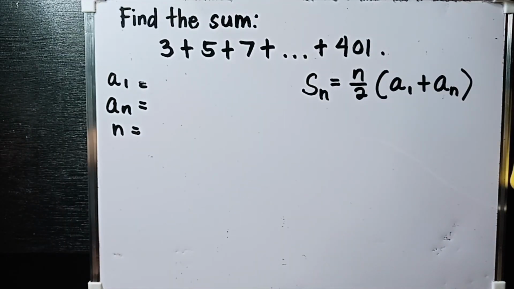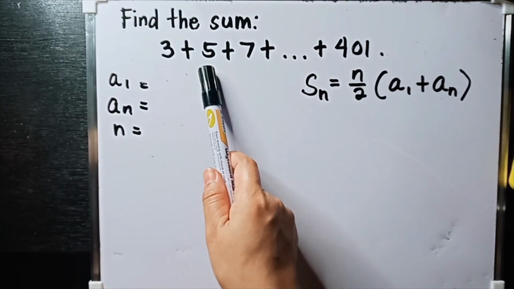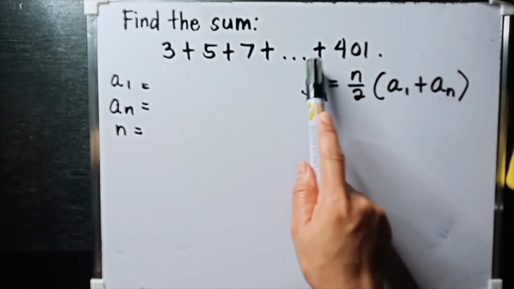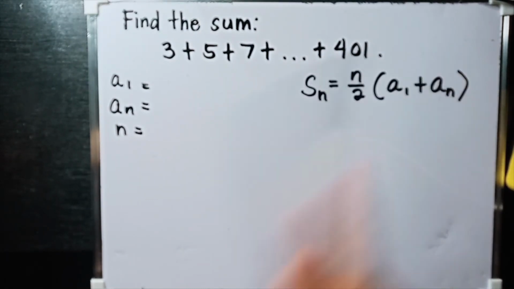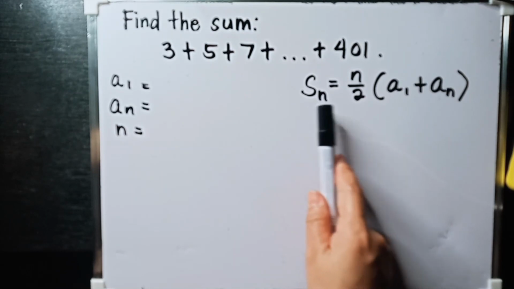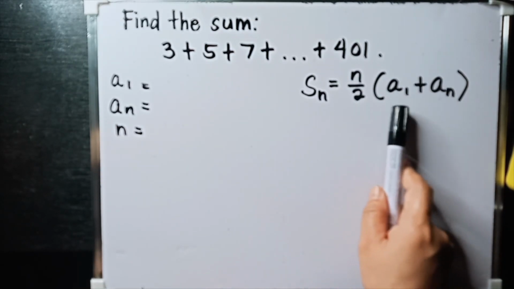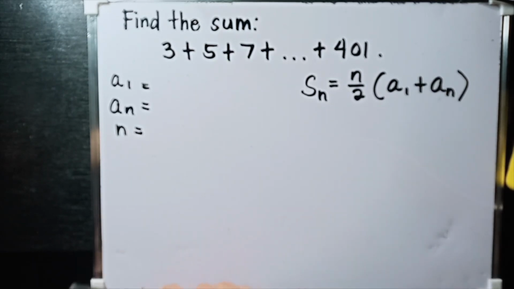Let us work on with our next example. Find the sum 3 plus 5 plus 7 plus up to plus 401. So in this case, since this is an example of finite sequence, we will again use S sub n equals n over 2 times the quantity a sub 1 plus a sub n.